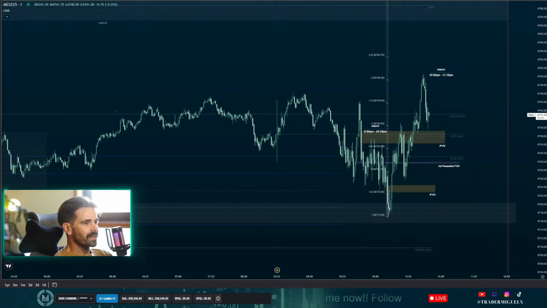So let's see if the price will give us a continuation to the upside, which I'm kind of doubting, or if we will move towards London low. Because I really feel like London low was left behind for some reason. I feel like we still need to go there.